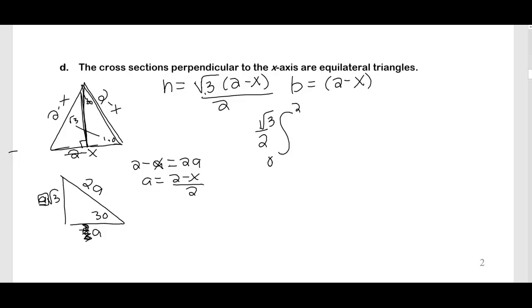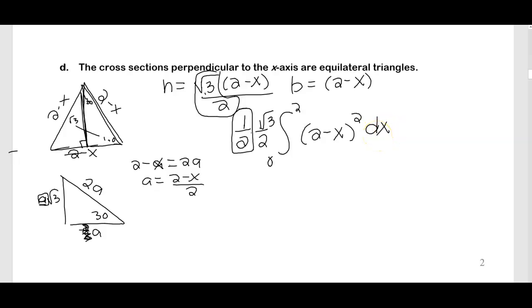Bring out the 2. I brought out the half for height, like in the formula of the triangle. I brought out the constant. And then base times height is going to give me 2 minus x squared again.